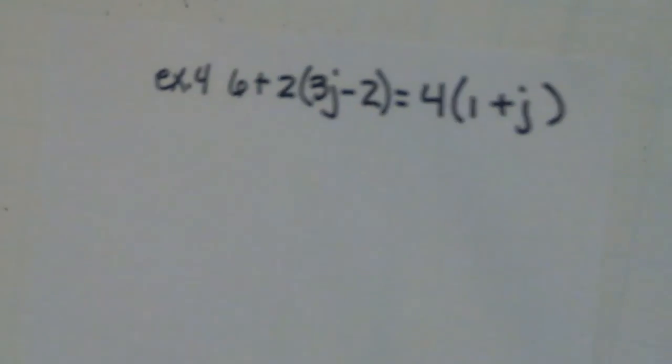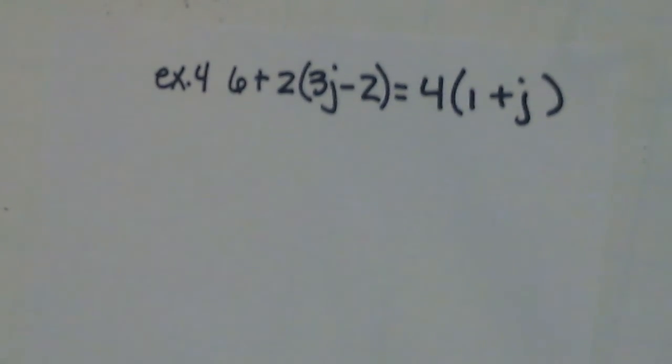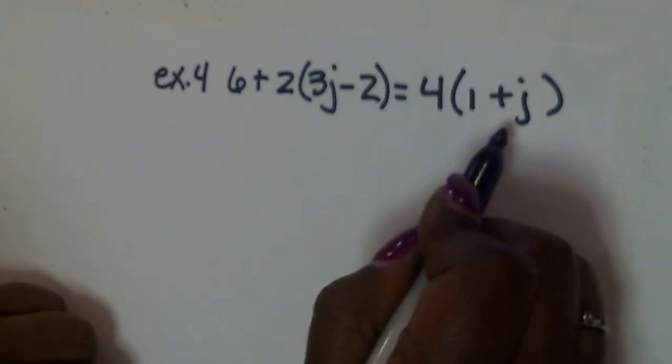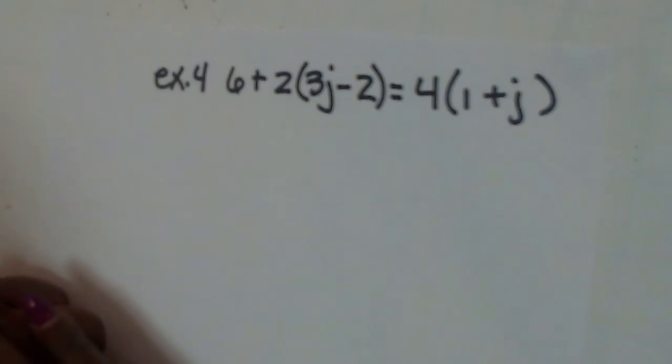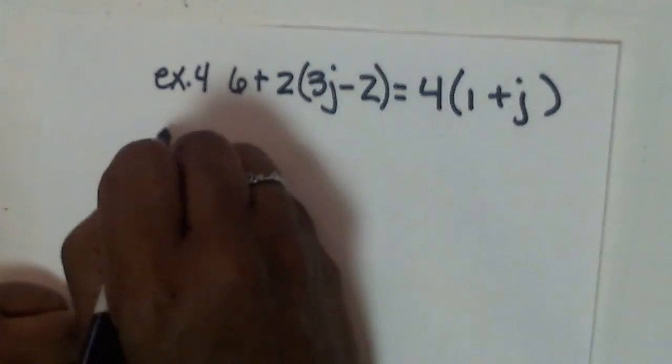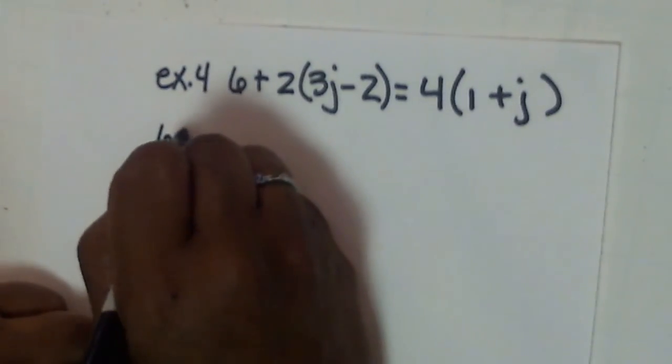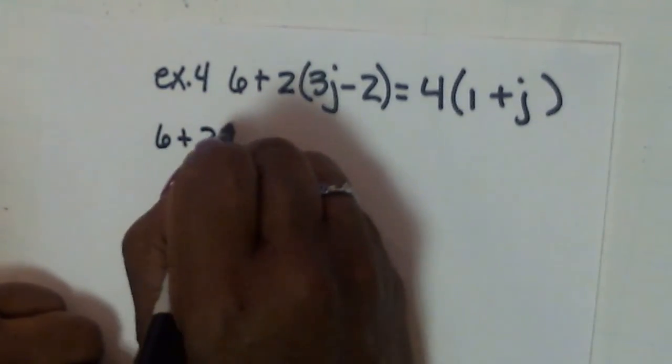Oh, I'm sorry, I didn't show it to you. There it goes. Now, it is really long, and I notice that I have 2 sets of parentheses, so that means I need to get rid of 2 sets of parentheses. So let's get started. I'm going to rewrite it down here, give myself some room to work with.